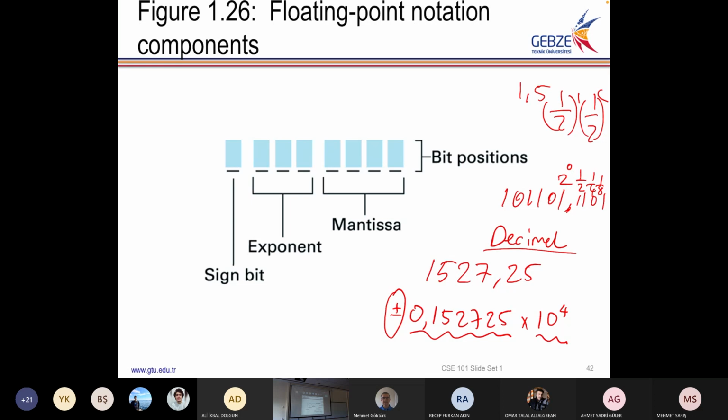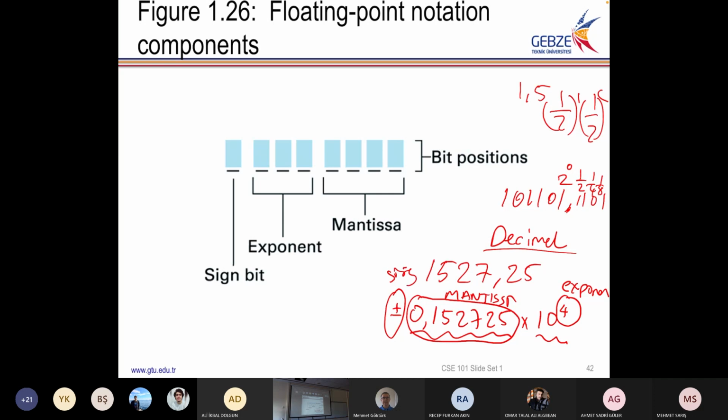Because in binary, there is no 7 here. 7 is another binary number. You should make the division, store the result. So the idea is, this is called the mantissa. This is called an exponent. This is called a sign.